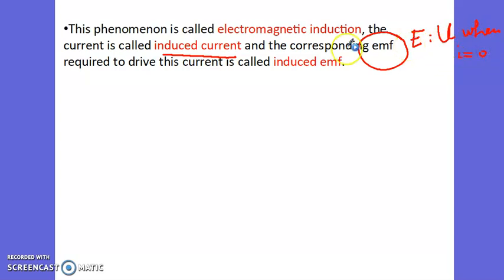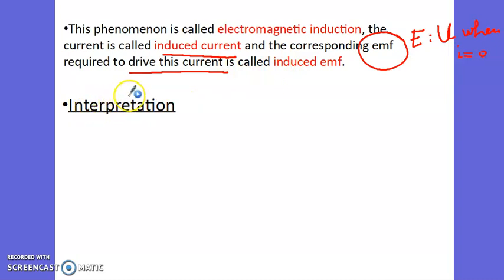Remember this from first secondary. And the corresponding EMF required to drive this current is called induced EMF. Okay? It means that we don't have electric current if we do not have EMF in the circuit, meaning a voltage.